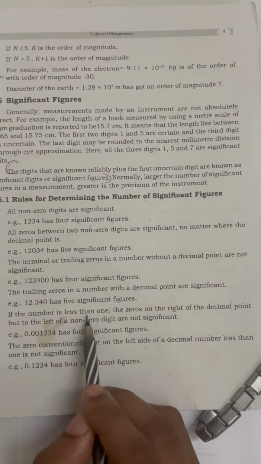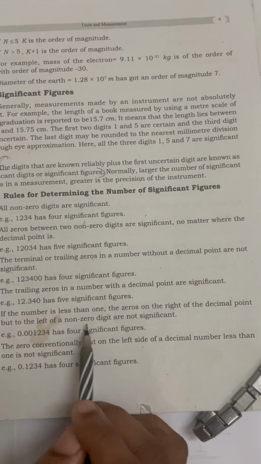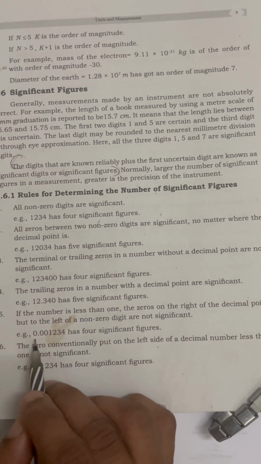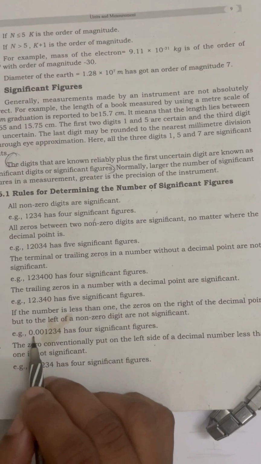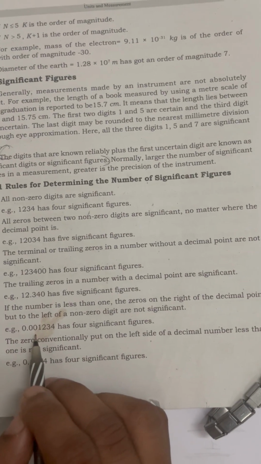If a number is less than 1, the zeros on the right of the decimal point but to the left of a non-zero digit are not significant. This rule is about numbers less than 1. Look at 0.001234, which is a number less than 1.